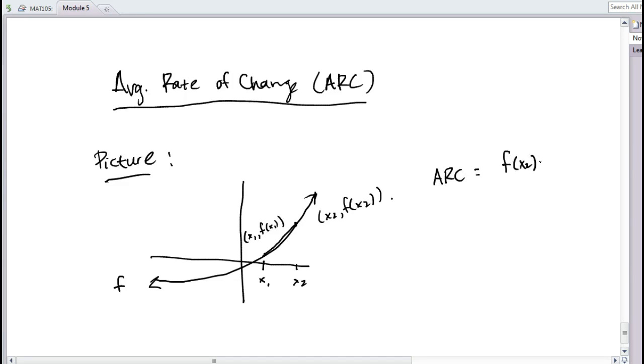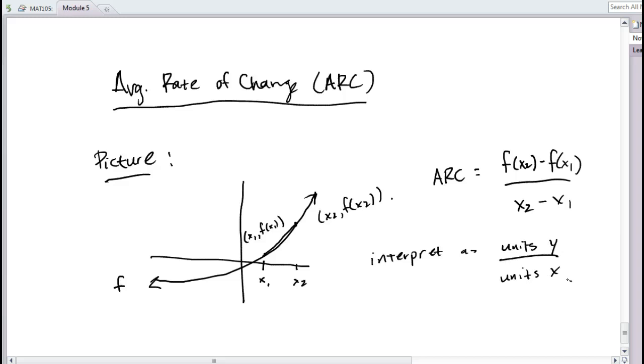But there's one extra step because first we have to get the y values. And remember, if we interpret these, we still interpret as units of y per units of x. So it works exactly like the slope formula.